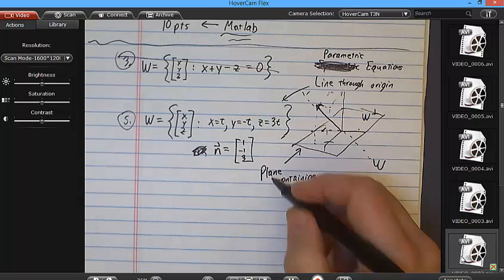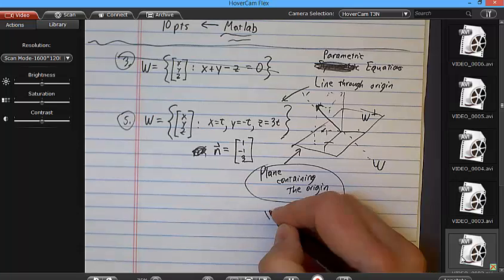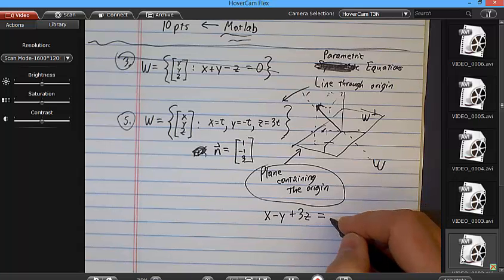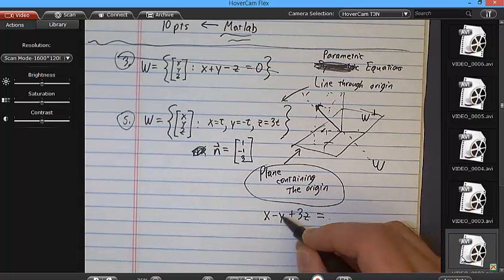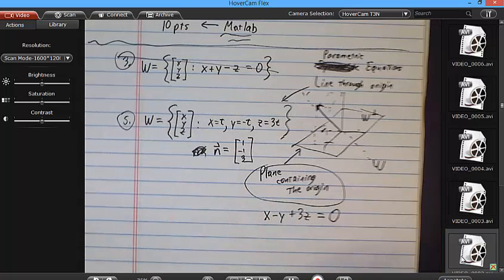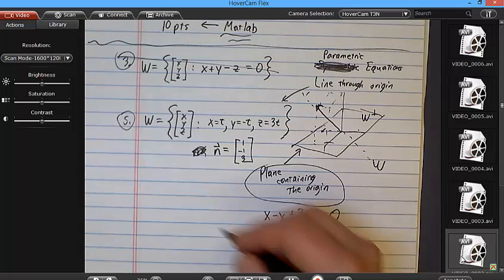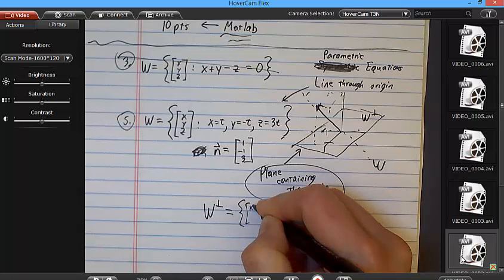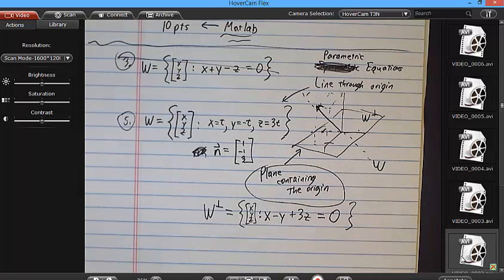So the plane containing the origin would be x minus y plus 3z equals, and then you have to put the right d here. But since it contains the origin, 0, 0, 0 has to equal 0. So there you go. W perp is the set of all x, y, z such that that's true. I think that's what they wanted. I think they just wanted the equation of the plane, or an equation of the plane. There's infinitely many equations, of course.